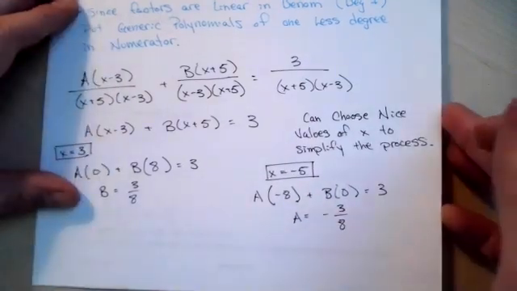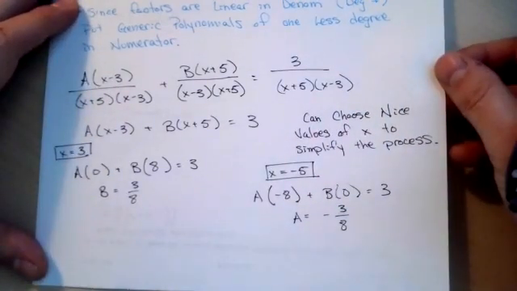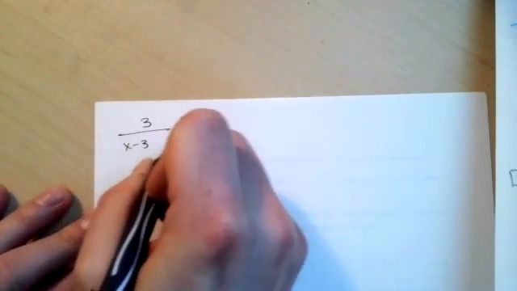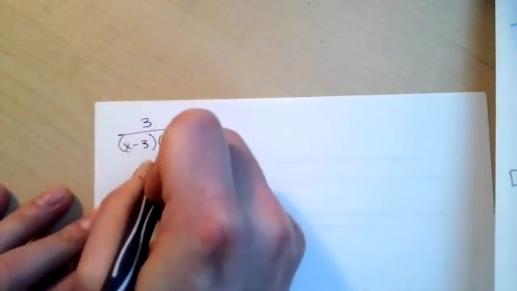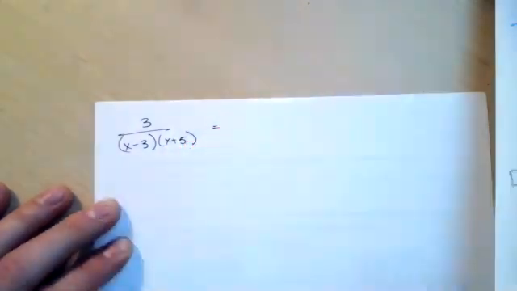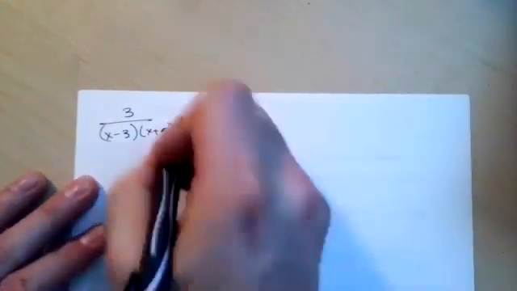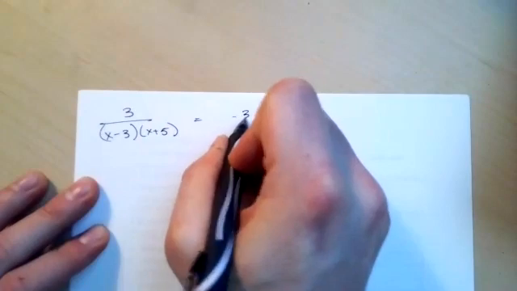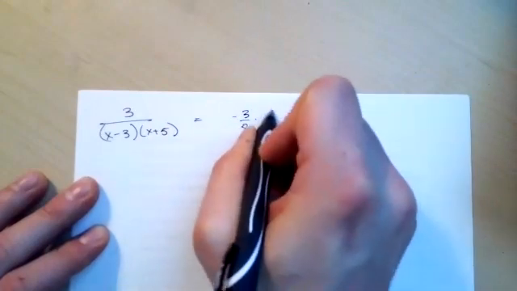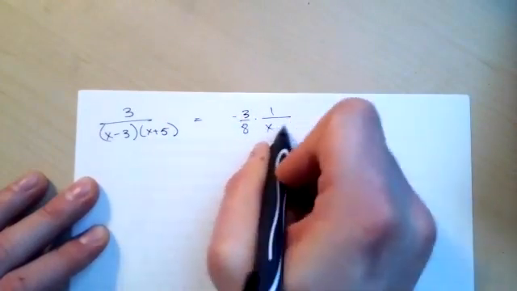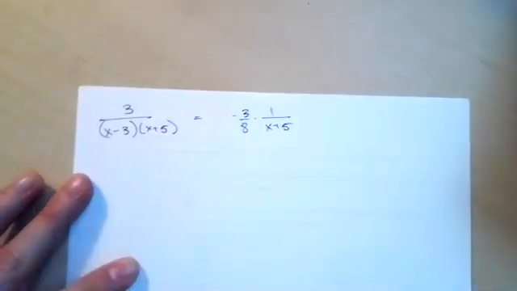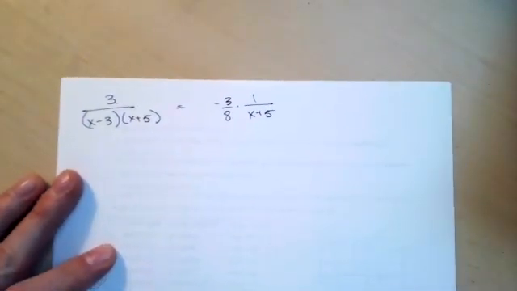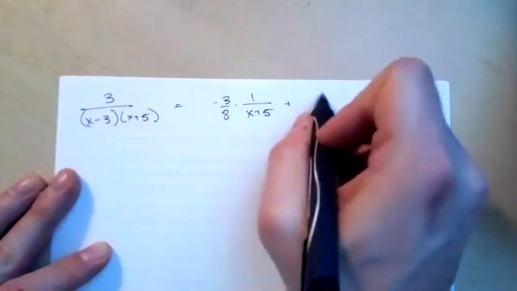So all in all, what do we have? We have that 3 over x minus 3 times x plus 5 is equal to, so a was negative, and a corresponded to the denominator of x plus 5, and then our b was positive.